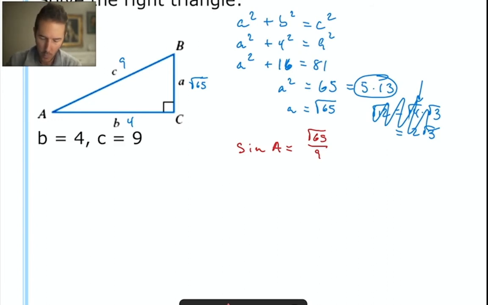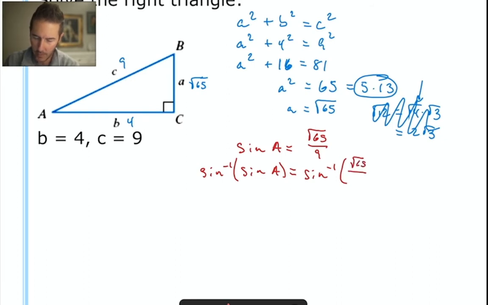So I'll write this out one time, and then we'll shorten the process a little bit as we find our other two angle measures. But here I'm literally taking the inverse sine, and you're seeing it written on both sides of the equation. I'm taking the inverse sine of both sides. Now on the left-hand side, the inverse sine and the sine are going to cancel out.